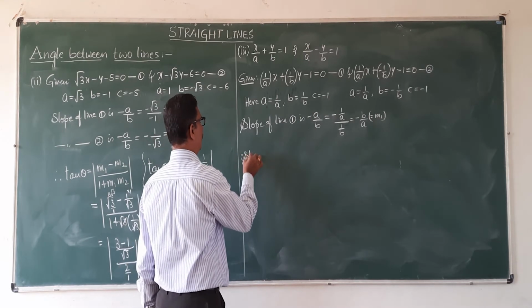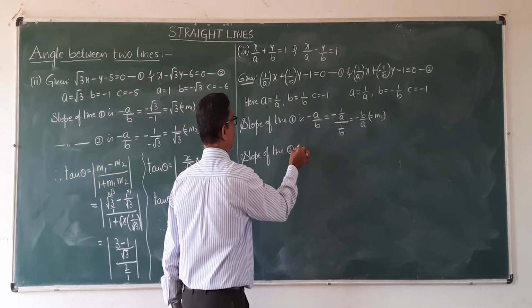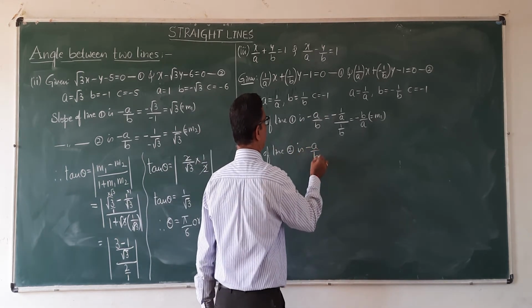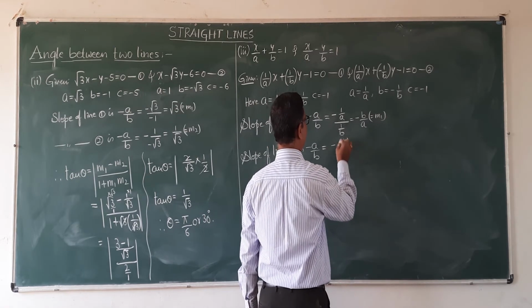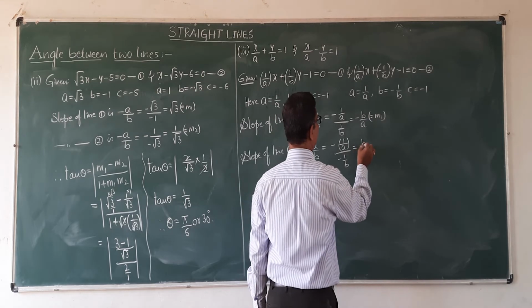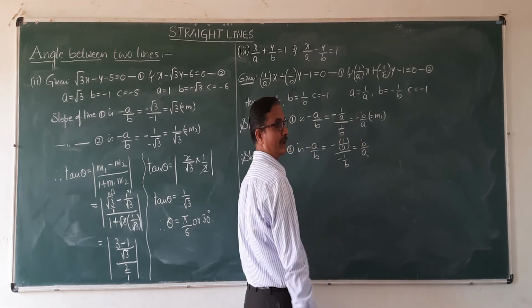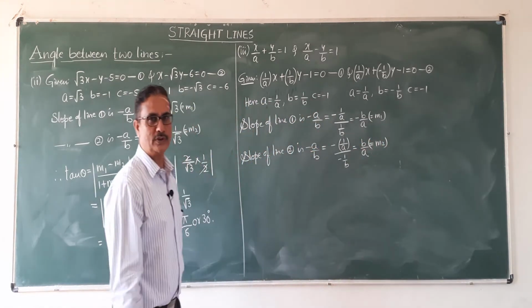Similarly, to find slope of line 2, same formula, minus a upon b, second line, minus a value 1 by a, b value minus 1 by b, minus minus cancel, that b goes to numerator, b by a, call it as m2. We got both the slopes.